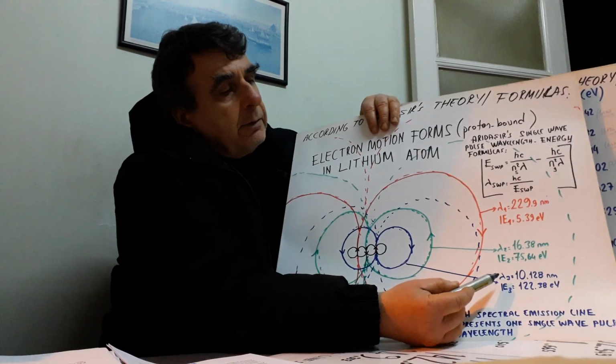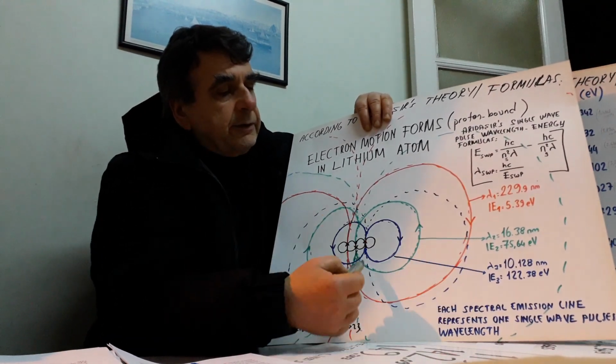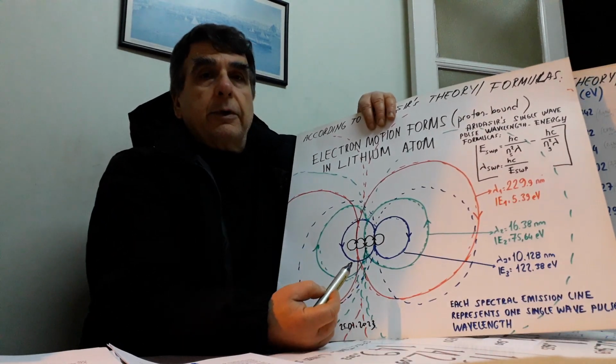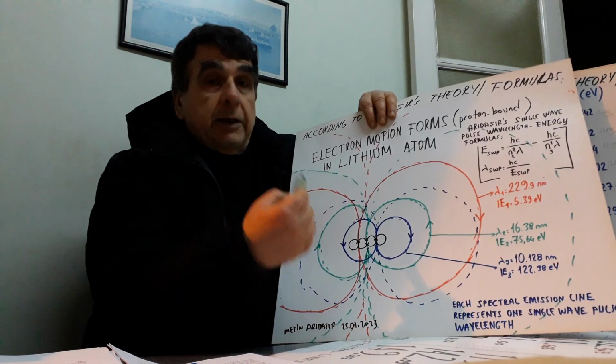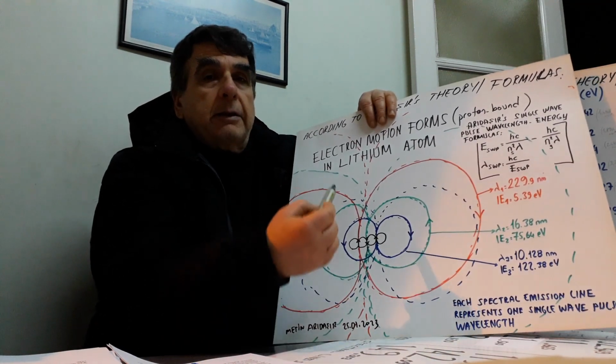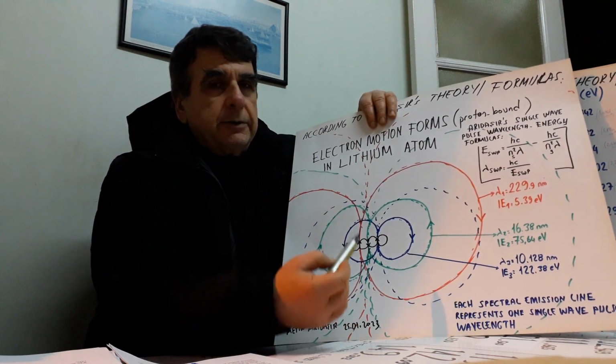And now, once upon a time, all of these electrons, blue, green, red, had wavelengths of lambda normal, 91.155 nanometer.